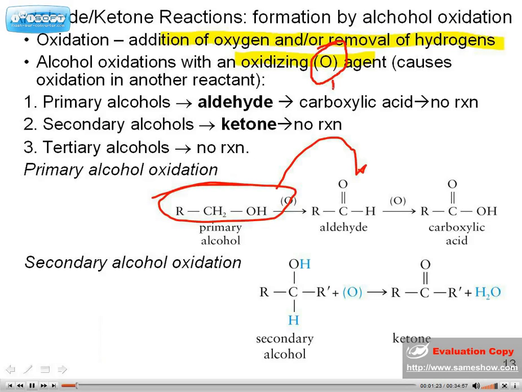As previously mentioned, common oxidation agents are such as a silver ammonium ion, PCC, also known as pyridinium chlorochromate, or chromic acid.